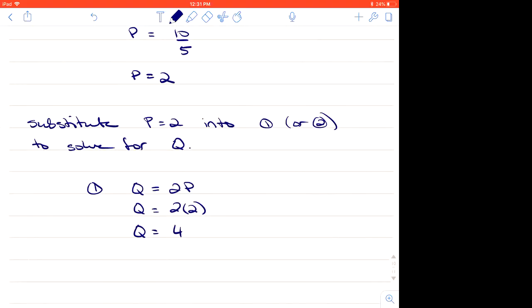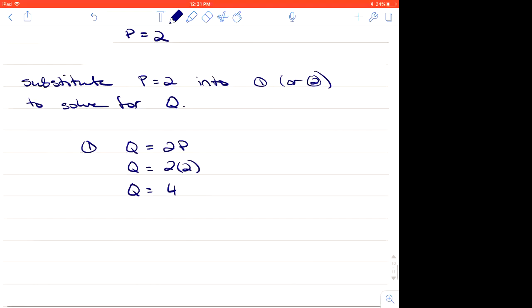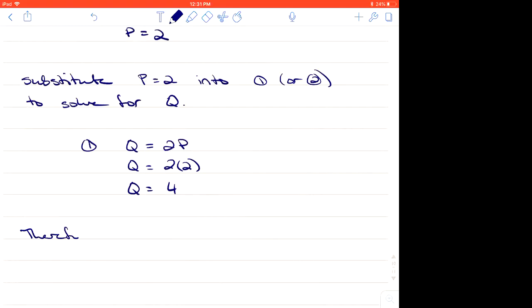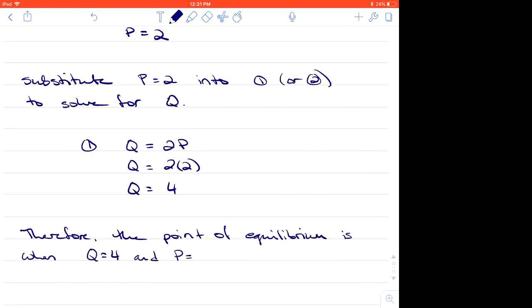And you can check your answers. Check that P equals 2 and Q equals 4 satisfies both of those equations. But then we're going to say, therefore, the point of equilibrium is when the quantity is 4 and the price is 2.